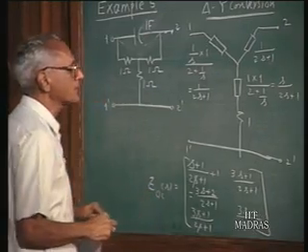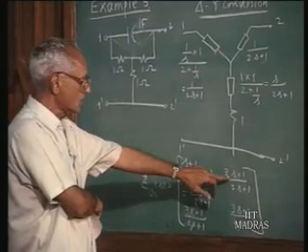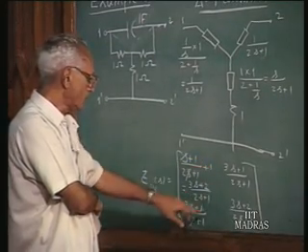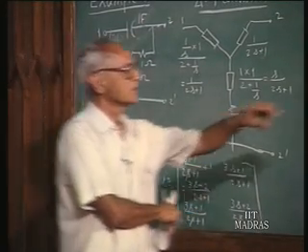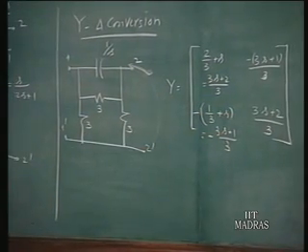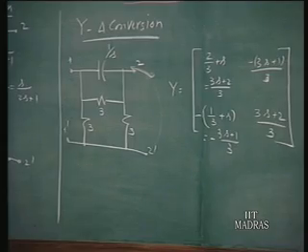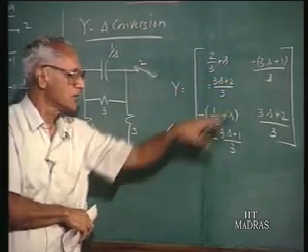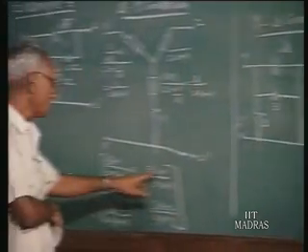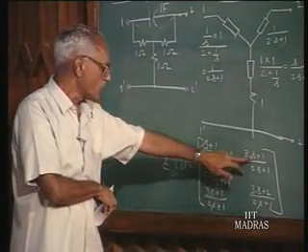Now we observe here that Z12, Z21, Y12, Y21 are all of them having the same 0. S equals minus 1/3 makes this 0, this also 0, and so does it make the transfer impedances Z21 and Z12 0.